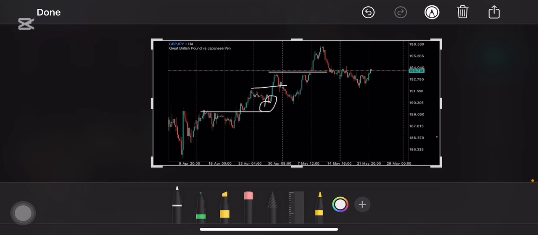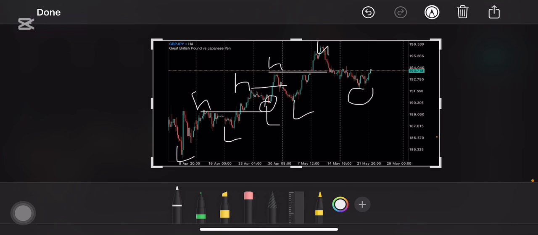Each time price breaks structure, it creates a low. So we have a high, higher high, higher high, higher high, then this low, higher low, higher low, higher low. This means that we are in an uptrend.